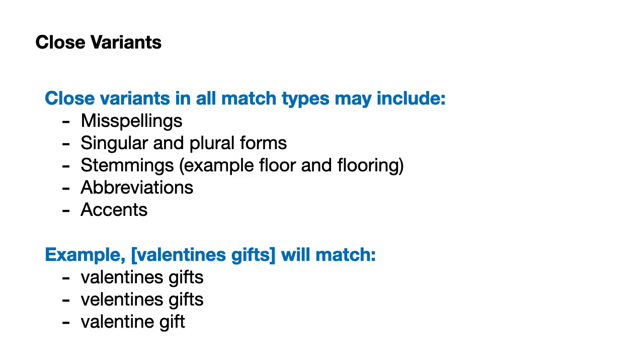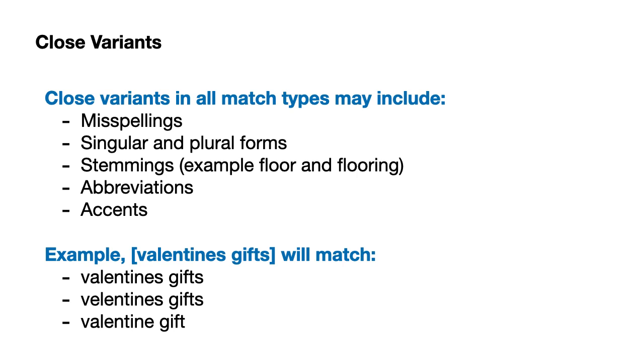Now it's important to understand that close variants do apply to both phrase and exact match keywords, and this means that singular and plural will be matched as well as misspellings, acronyms, abbreviations, and other close word forms. So for example, an exact match of Valentine's gifts is going to match Valentine's gifts, as well as Valentine's gift, singular.